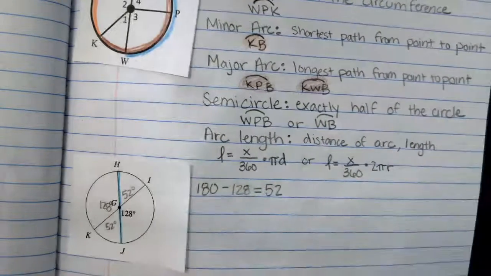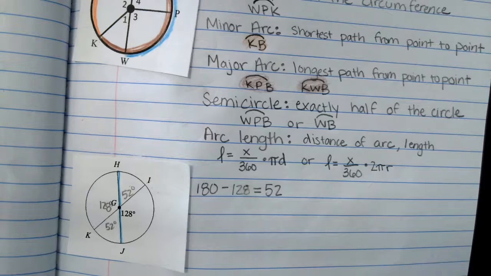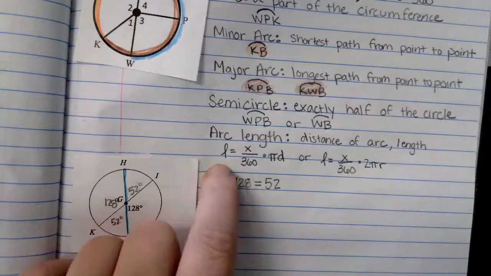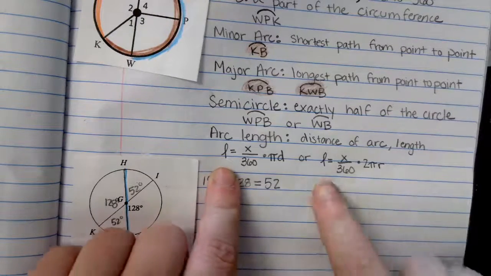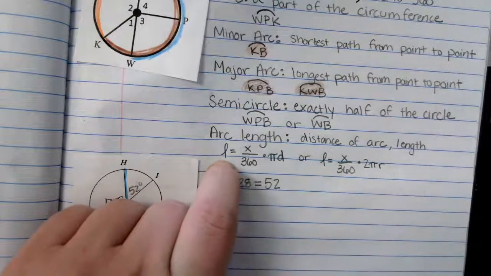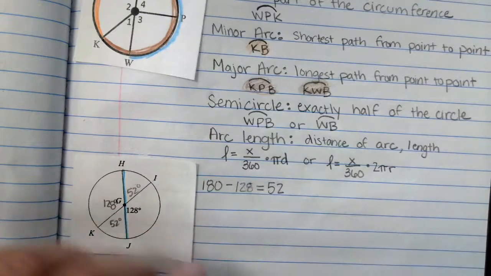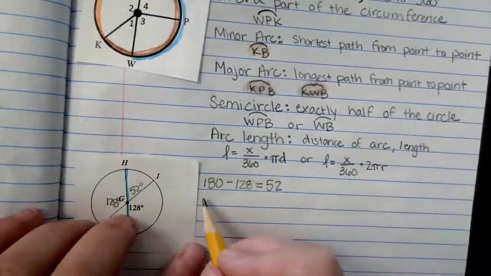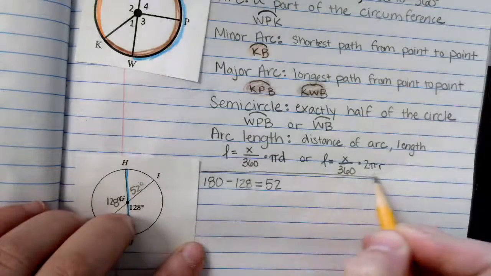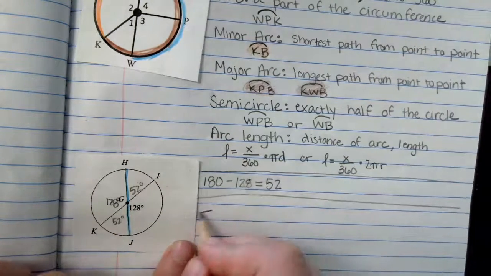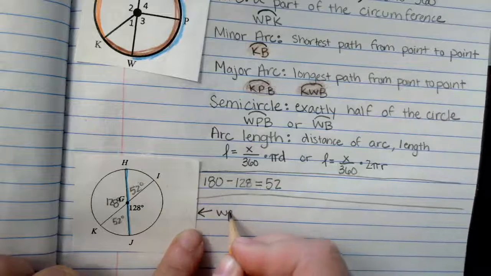All right, so in this problem here, this is the first part. We know GI equals 4 centimeters. I want to know what is the length of IJ, of arc IJ.